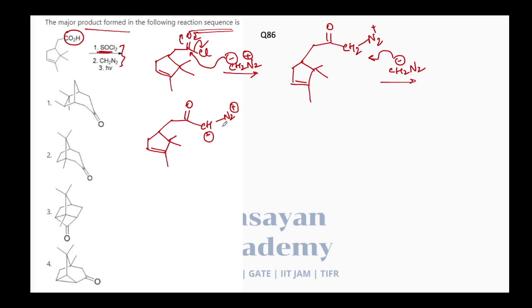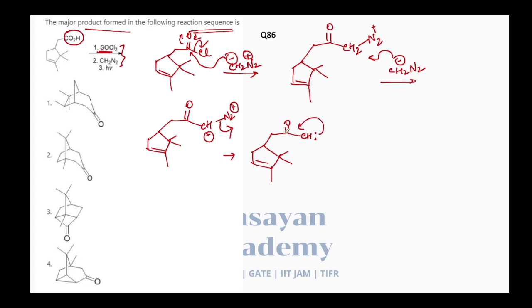All right. So the nitrogen eliminates and you are going to end up with the acyl carbene. That acyl carbene might do a lot of reactions. So let's see guys what is possible. You are having an acyl carbene like this. So the acyl carbene can undergo rearrangement. Okay.